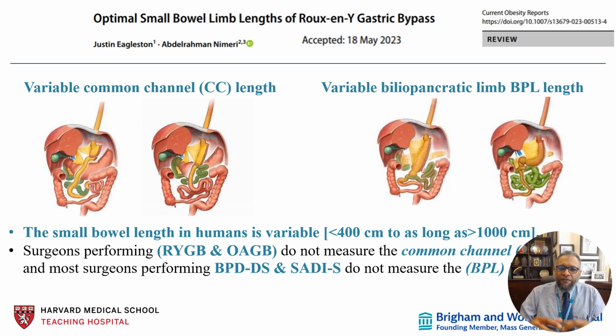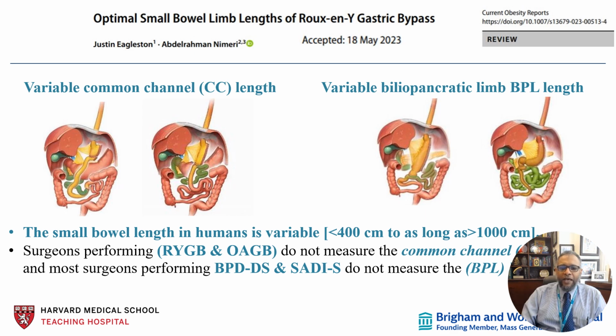Because of the variability of the small bowel length, whenever we do Roux-en-Y gastric bypass or one anastomosis gastric bypass, on the left, because we only measure the Roux limb and BP limb, we actually leave a variable common channel.